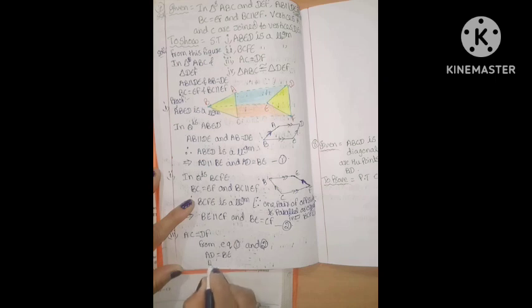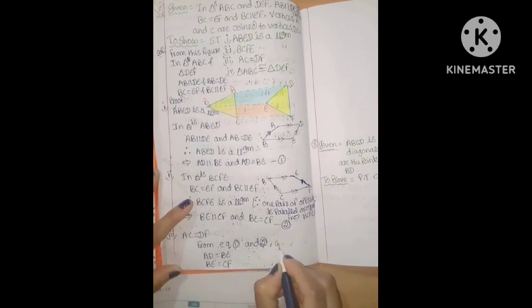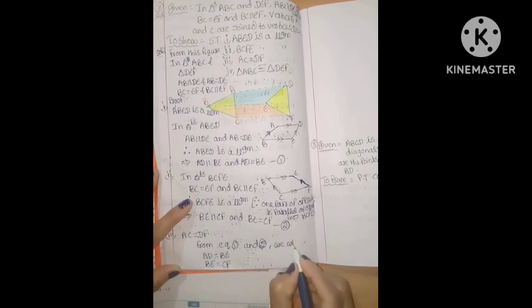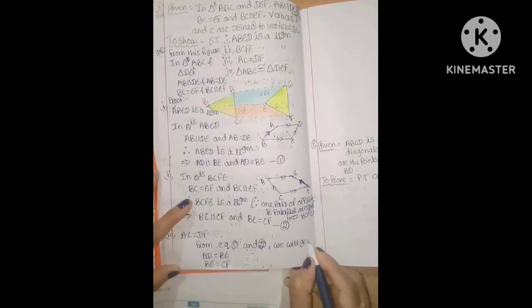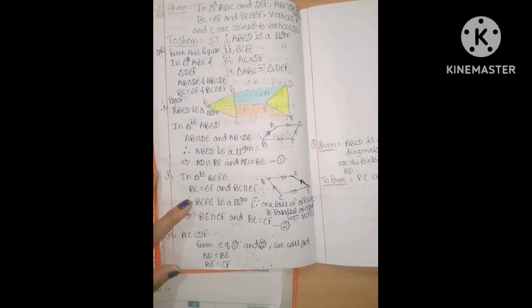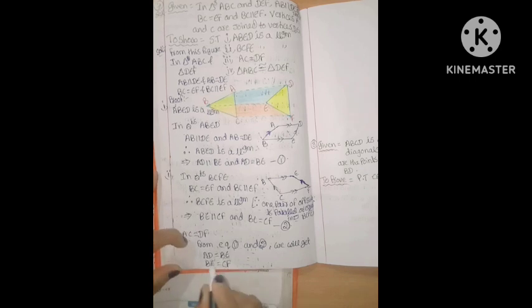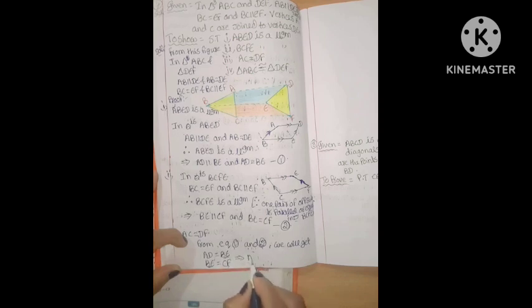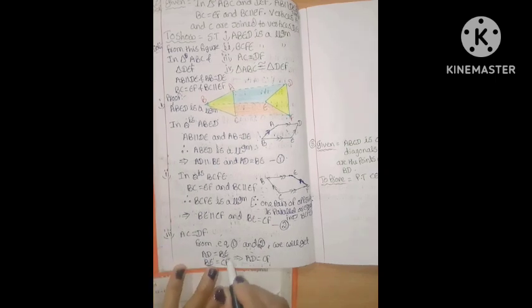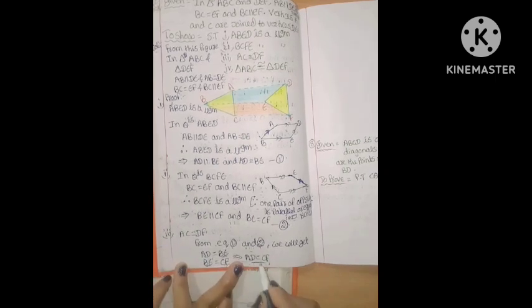And next, BE equal to CF. Here BE equal to AD and BE equal to CF. So these two sides are equal, so it implies AD equal to CF. Are you clear? From equation number 1 and 2, what we will get? AD equal to CF.